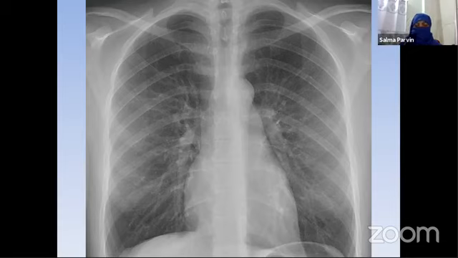We have to start with this, and later on, we will go to the pathologist. Here you can see a chest X-ray, PA view. I think this is nothing new to anybody in the medical science.